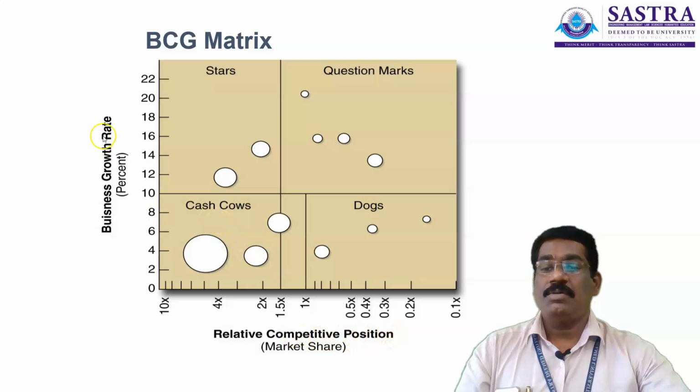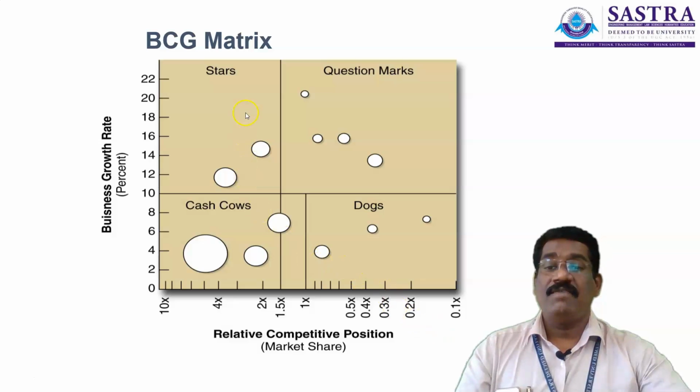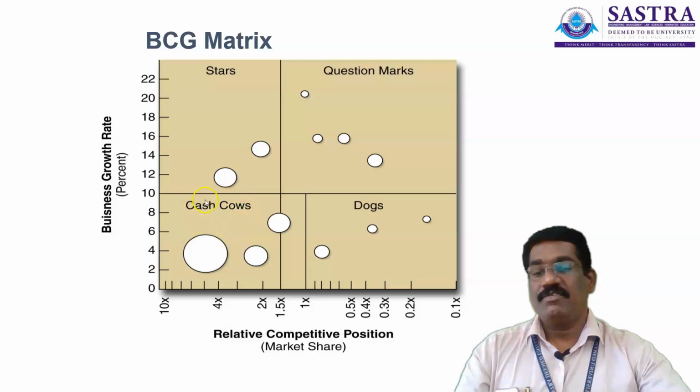So let us, based on these two parameters, that is business growth rate and relative competitive position, we have 4 quadrants here in this BCG matrix. You can see this star, and you have question marks, you have dogs, you have cash cows. When you compare with these two variables here, let us see the condition of cash cow.